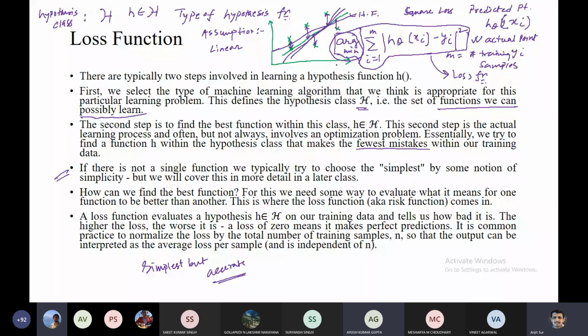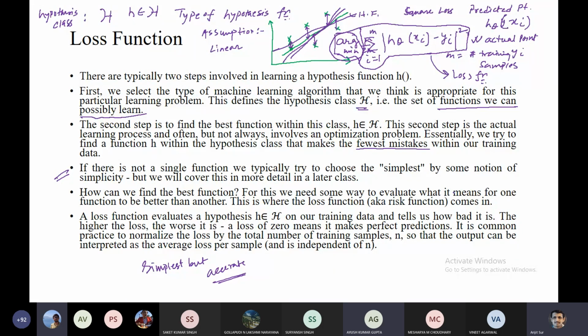For perfect prediction, it is a common practice to normalize the loss by the total number of training samples. Sorry, one thing I missed: before the arg min, there is a 1 by 2m because of this number. It's a normalization by the number of training samples m, so that the output can be interpreted as the average loss per sample.